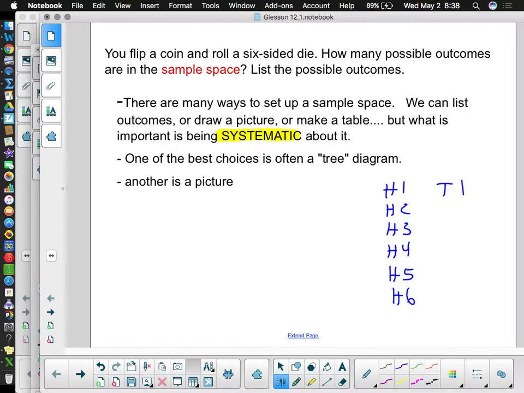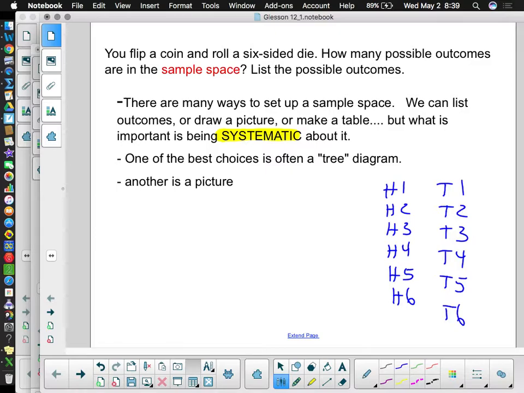I could also have a tails 1, tails 2, tails 3, tails 4, tails 5, and tails 6. Those are all the possible outcomes of flipping one coin and rolling one die. This would be my sample space. It lists 12 possible outcomes. All possible outcomes are listed.